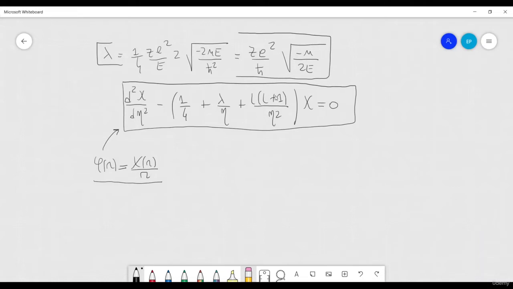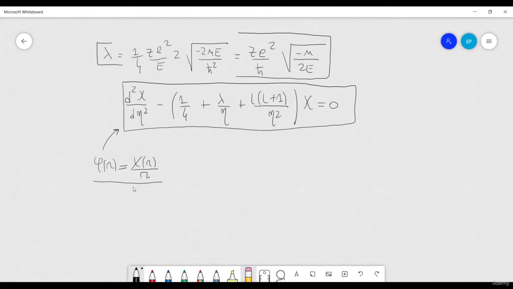Otherwise, it would have been very trivial to solve it by using the standard approach for ordinary differential equations with constant coefficients. And plus, it is linear. It is still a linear ordinary differential equation, but the coefficients here are not constants.